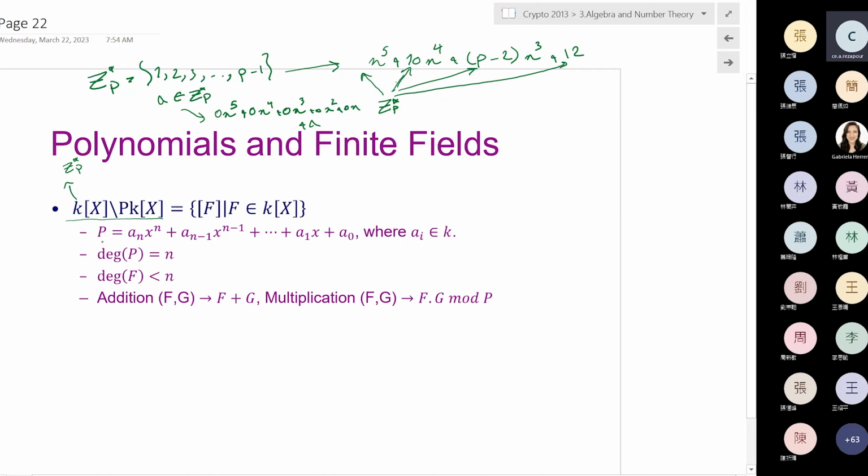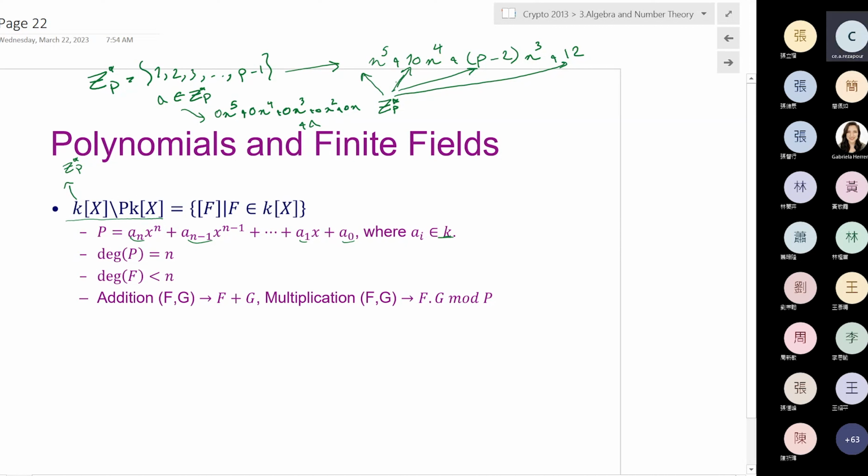For example, over here, this capital P is a polynomial a_n x^n plus a_(n-1) x^(n-1) all the way to a_0. And all these a_i, which are the coefficients, are coming from this group K.